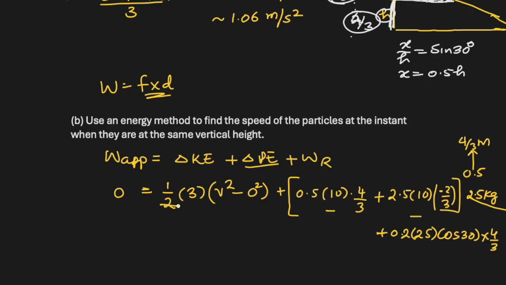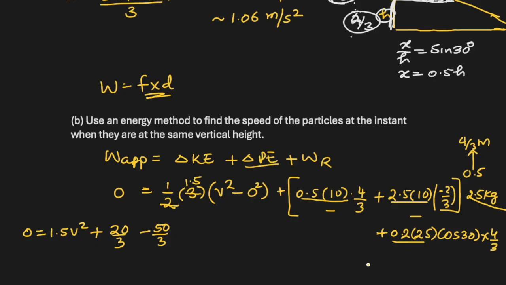Okay, so let's cancel this and this. 1.5, so 0 equal to 1.5 v square, plus, so this can be 5 times 4, 20/3. Now this will be 25, and 25 minus 50/3. Okay, I'm using mental math. You can use your calculator, please.